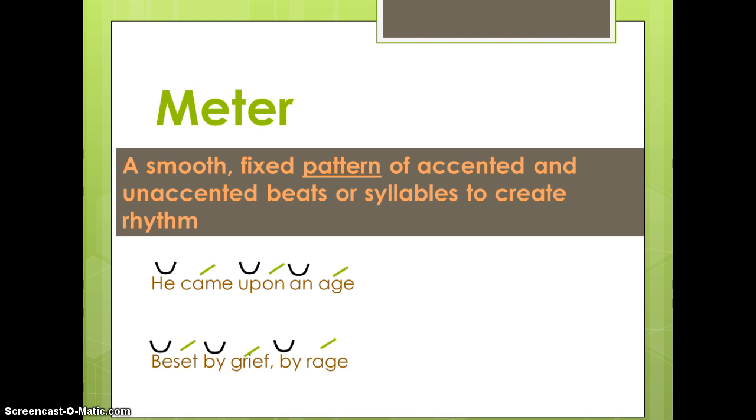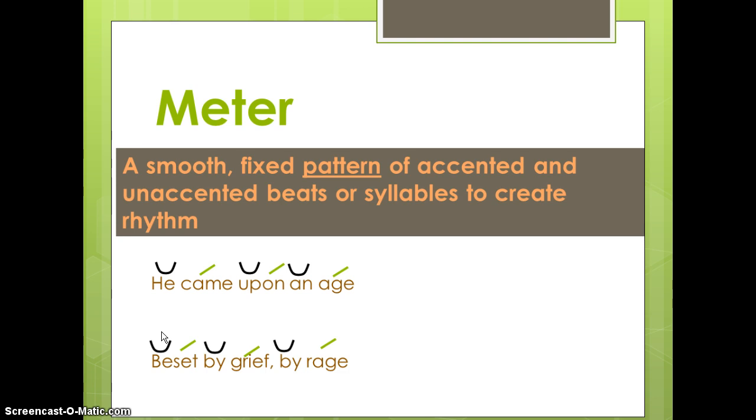This is how we mark our meter. We use this to signal unaccented syllables, and this line to signal accented syllables. So let's look at this. Beset by grief, by rage. If I read this line and said, beset by grief, by rage, you would know instinctively that that was wrong.